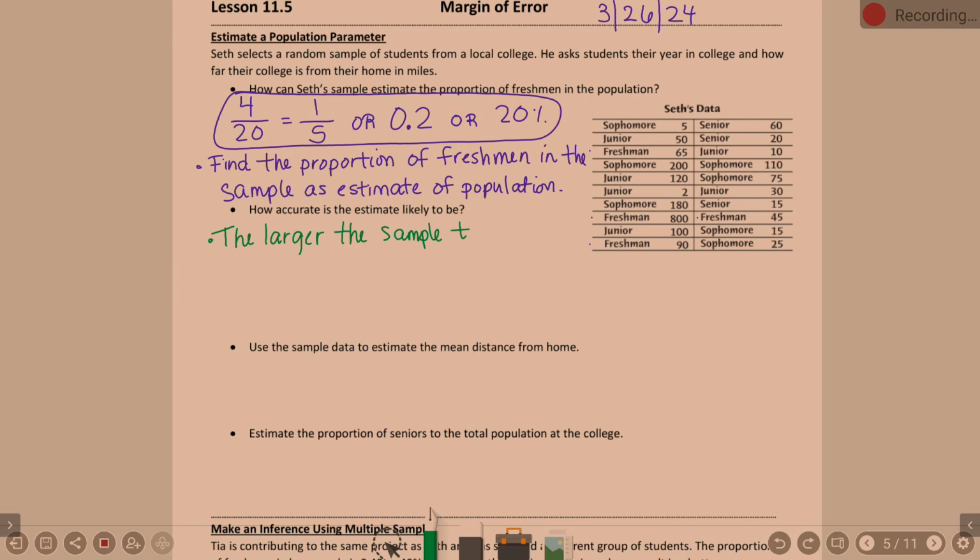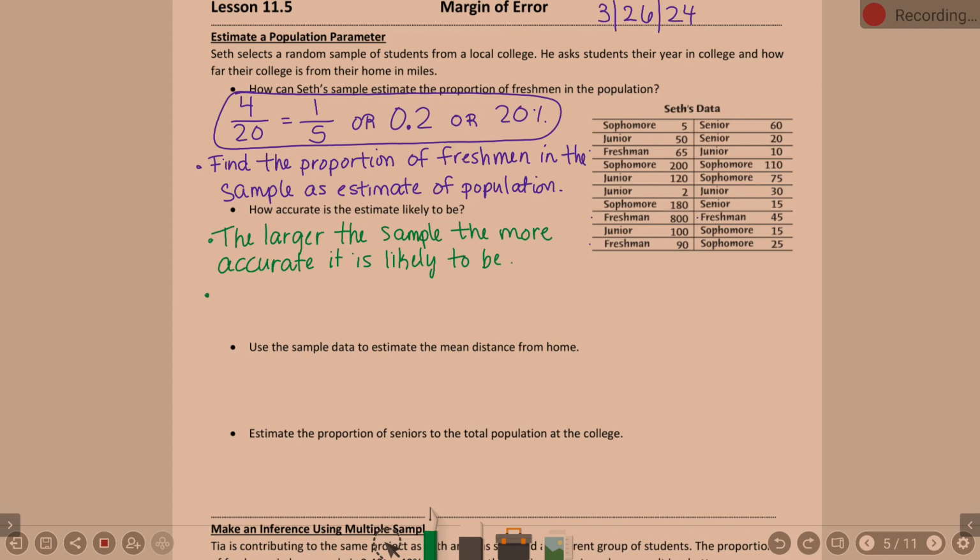Larger the sample, the more accurate it is likely to be. That was one point that we talked about.